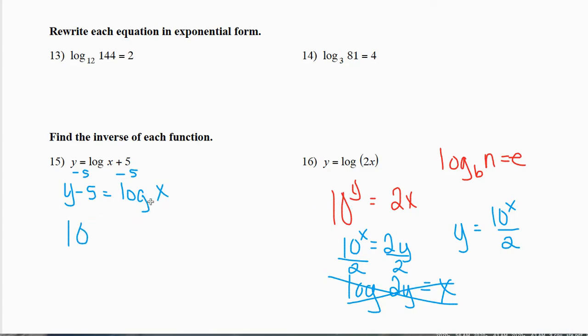So 10, that's our base, to the y minus 5, this is our exponent, is equal to x. Now I flip-flop my x and my y. So we have 10^(x minus 5) equals y. And guess what? It now says y format, so this is our final answer.